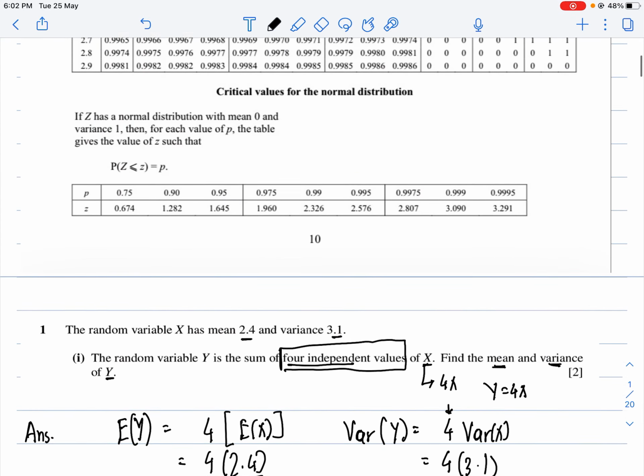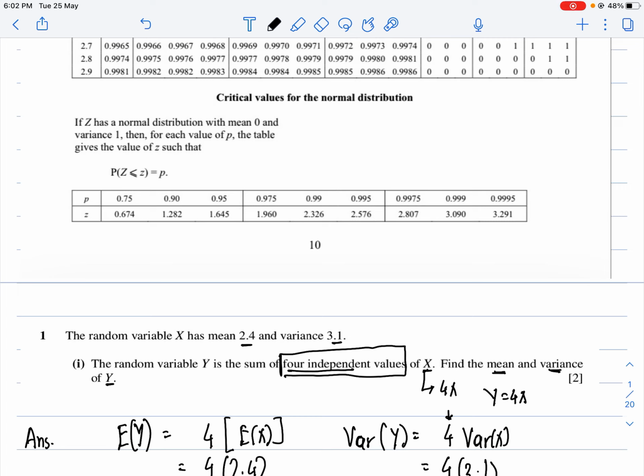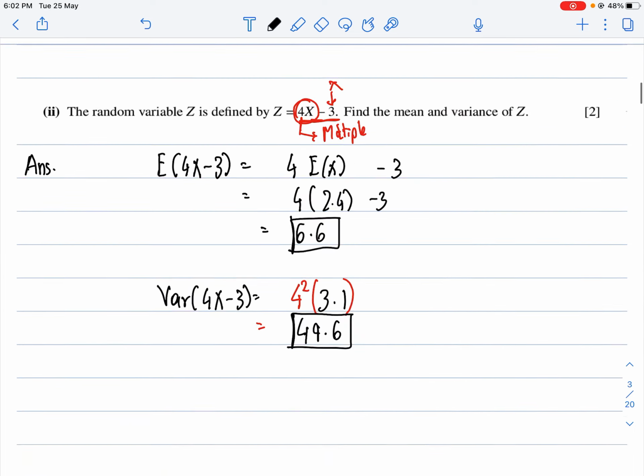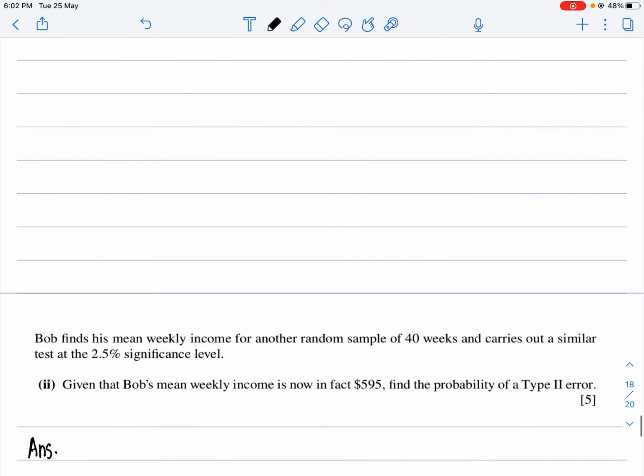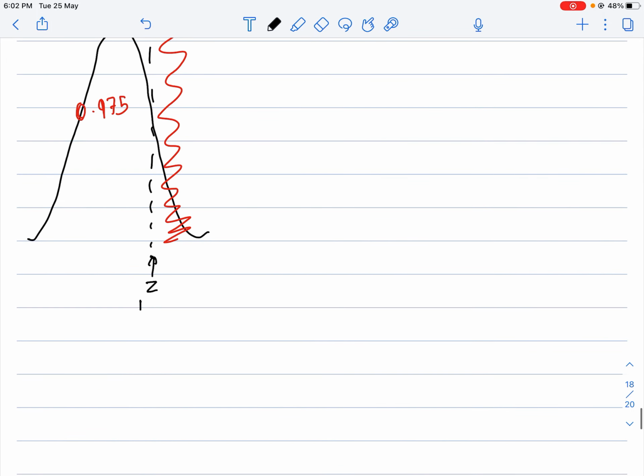I know my probability was 0.975, and the respective Z value for that is 1.96. Correct? So I can say this Z value is 1.96.